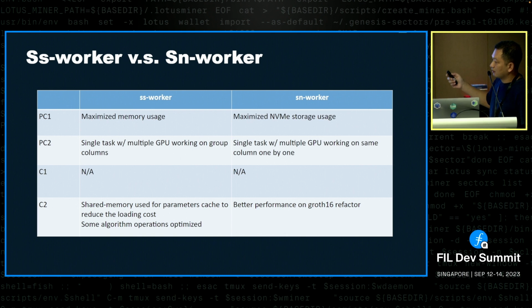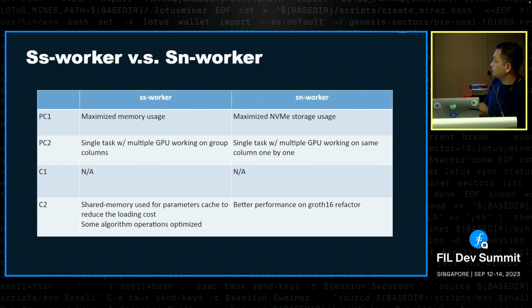The supranational worker is very special for PC1 with NVMe protocol disk usage, because for the NVMe disk usage, it will maximize the PCIe with the new hardware configuration. That's the difference. And the SS worker maximizes the memory usage based on the current hardware configuration of the SP side.